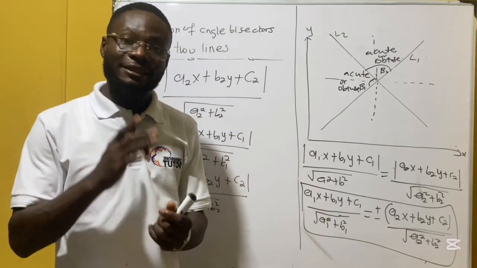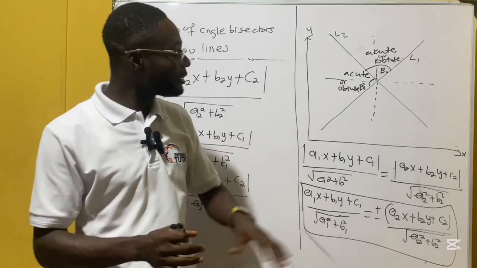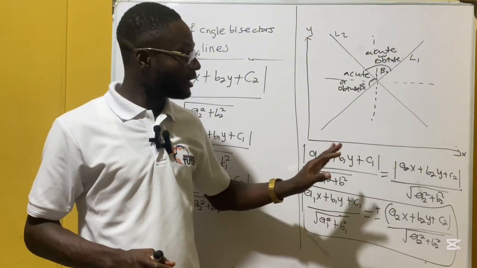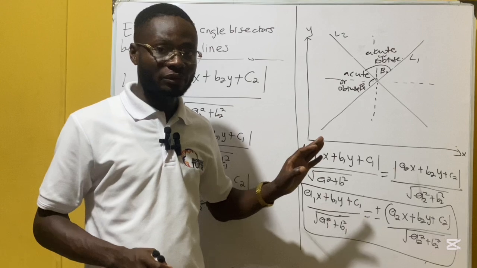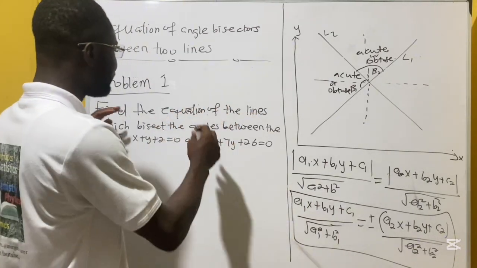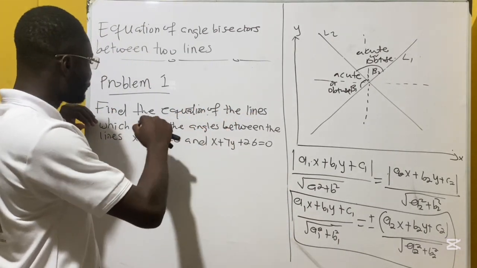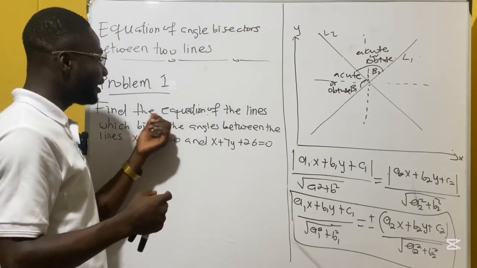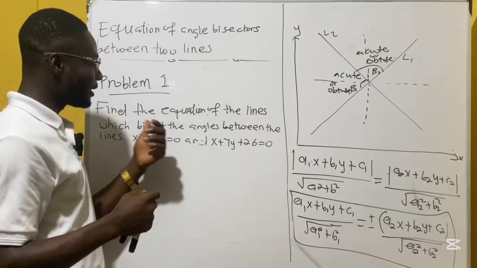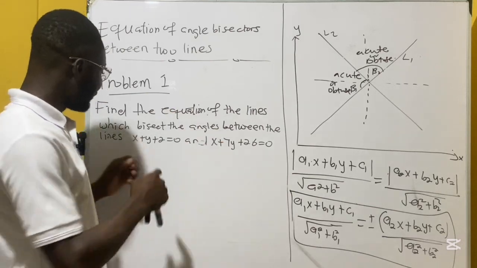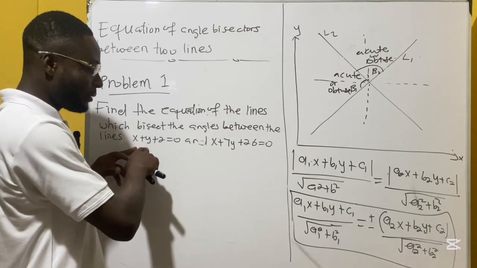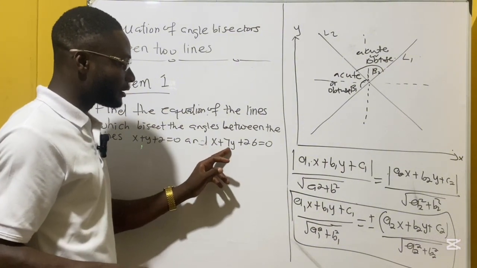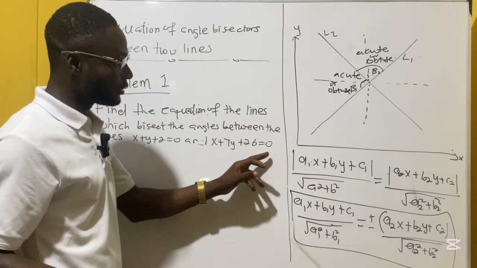Okay, so let's take a problem to clarify this concept. Now let's try to solve this particular problem, so that we can end the concept. Okay, so find the equation of the lines which bisect the angles between the lines x plus y plus 2 equals 0 and x plus 7y plus 26 equals 0.